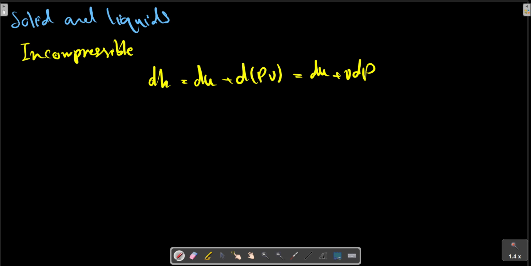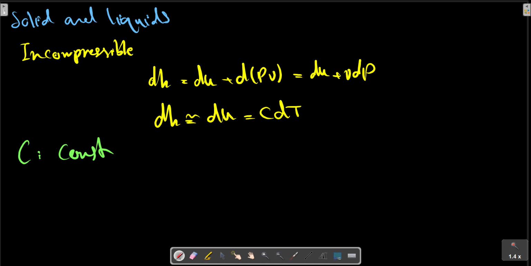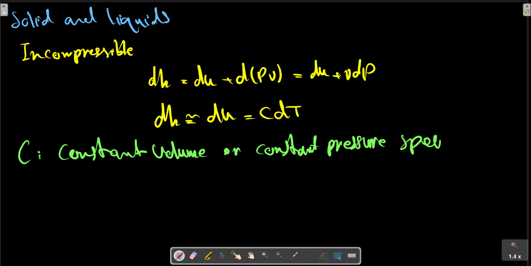Also for both of these phases, the specific volume is very small, such that dH equals dU and equals C dT, where C is neither the constant volume nor constant pressure specific heat, or constant pressure, as the two would be nearly the same.